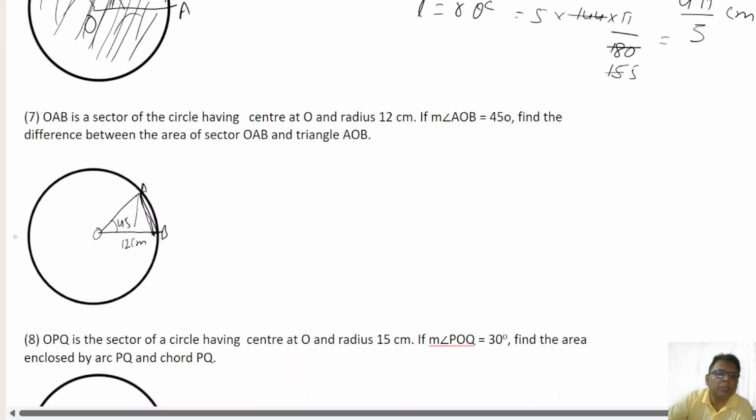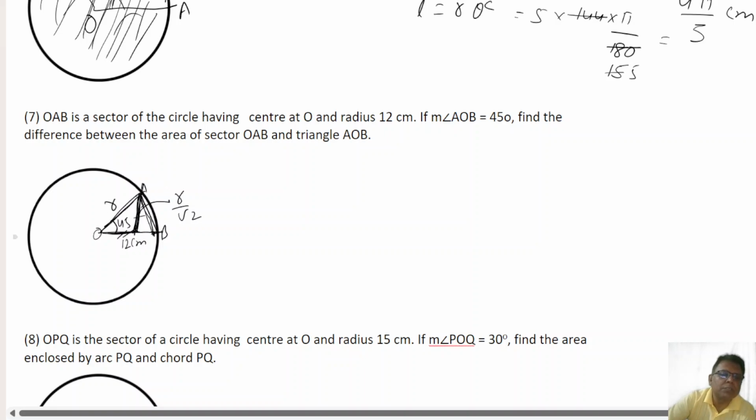Take this triangle. What will be the length? This is r, then this perpendicular will be r by root 2, because the base angle is 45 degrees, so this length and this length will be equal, and this one is root 2 times this one.